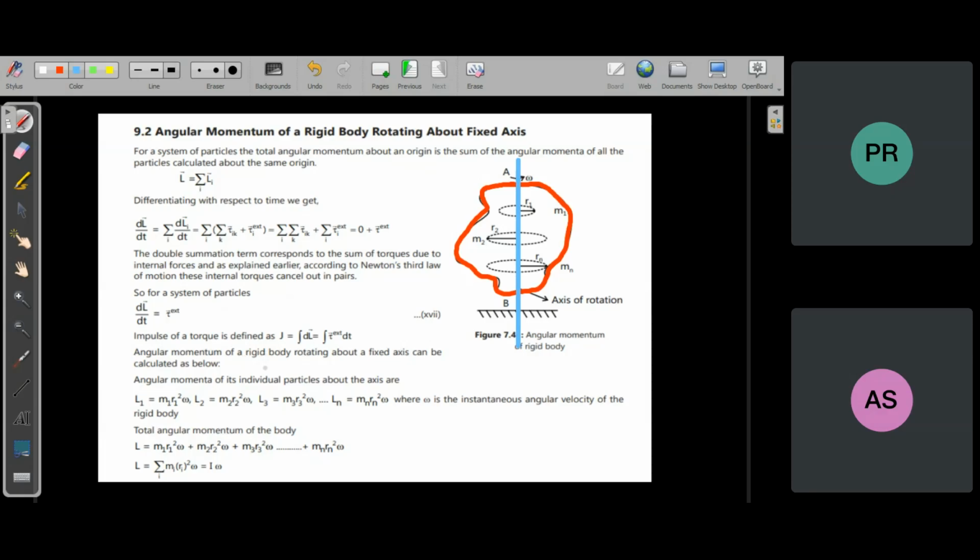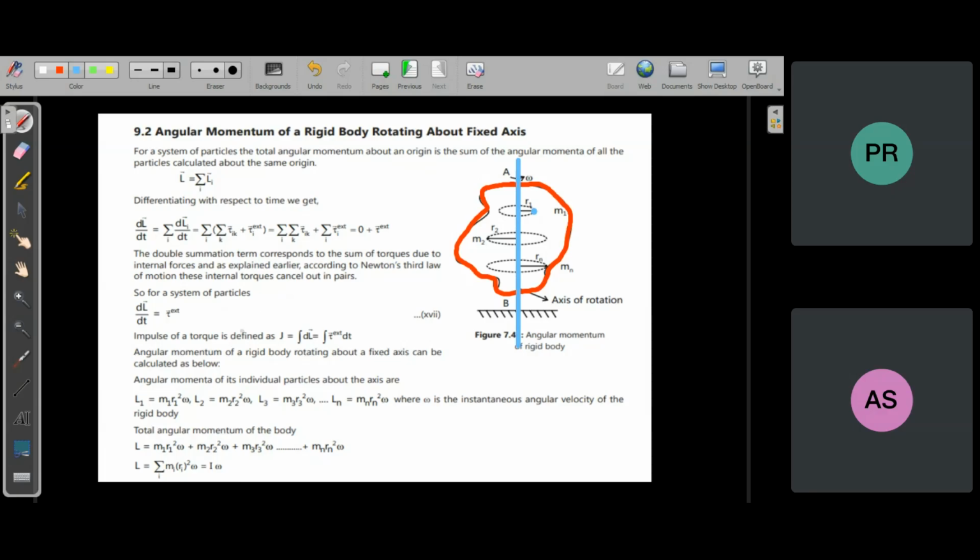Suppose there is a particle at some distance ri and its mass is mi, and because it is going in a circle, if you do r cross p, its radius vector will always be perpendicular to the momentum vector. Is it clear? Yes, sir. It is clear, sir.